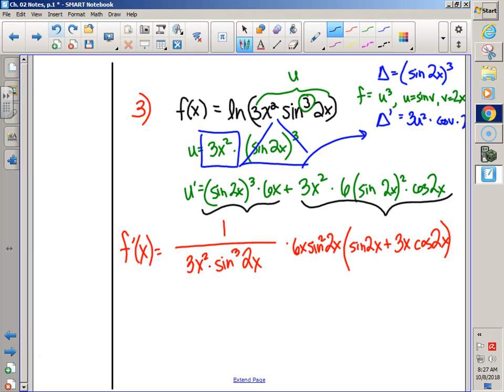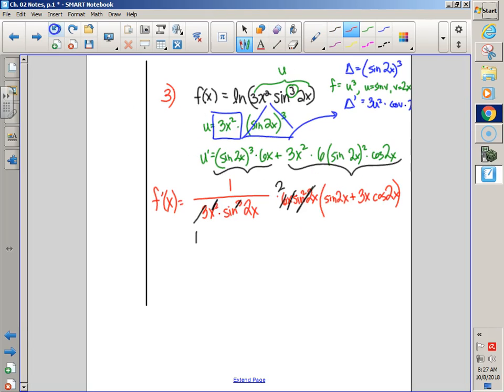What can we do? The 3 reduces with the 6. One of the x's reduces. And then 2 of the sines reduce. And so I believe you guys can double check me. It sure looks like what we have left is a 2 on top with the sine 2x plus 3x cosine 2x all over x sine of 2x.